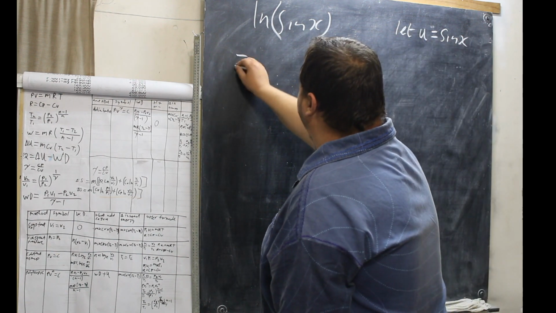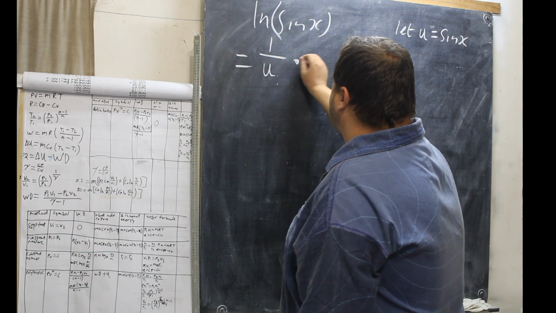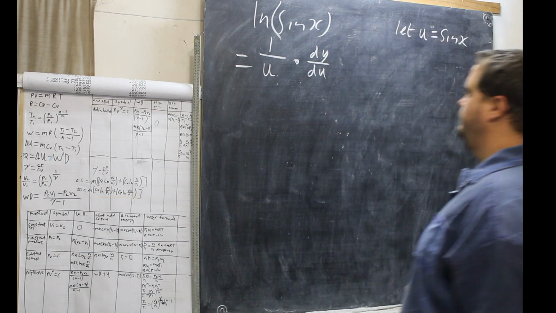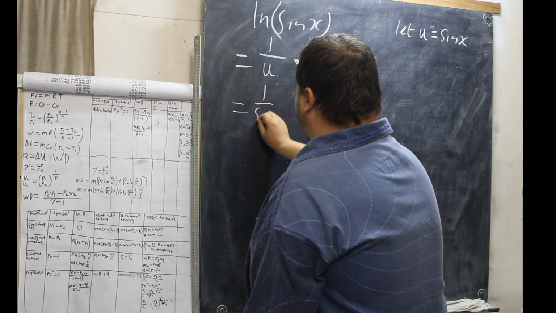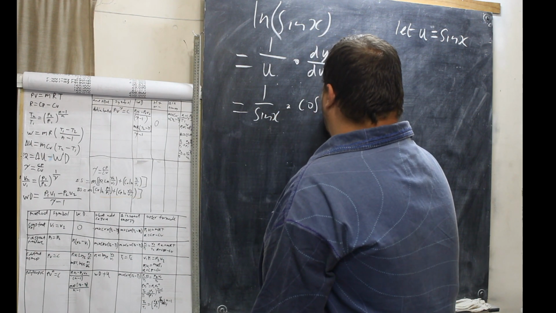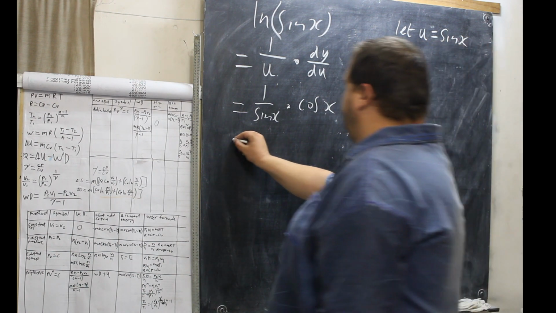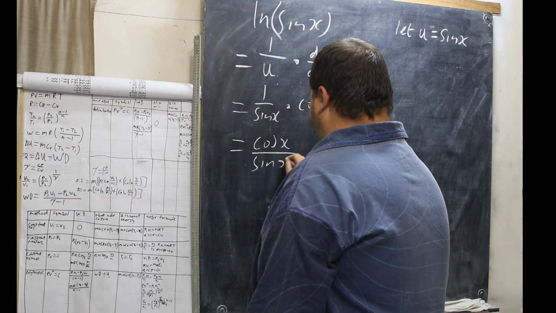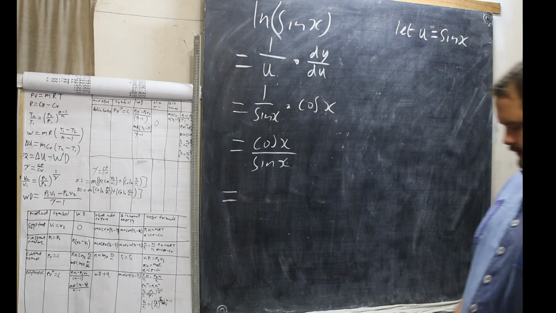So this will equal 1 over u times dy over du, which equals 1 over sine x times cos x, which will equal cos x over sine x, which equals, as we all know, cot x.